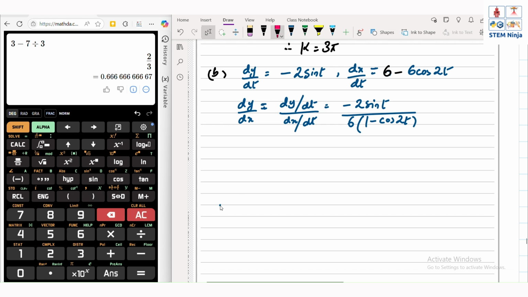So we know that cos 2t can be written as 1 minus 2 sin squared t. So basically, this is what we are doing over here. So 1 minus cos 2t, that is just going to be.